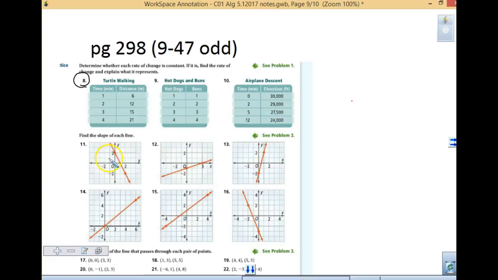Here, the easiest way to do slopes is to simply count, right? So when you're doing these problems, I would not use the formula, right? I mean, you could, but the key thing is for 7 through 16, you should be looking at the rise over the run, okay?